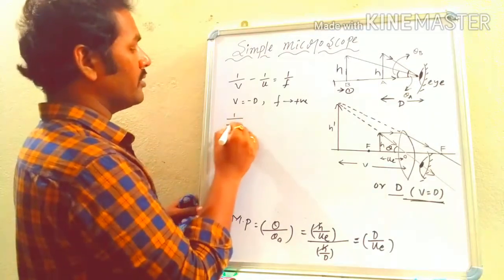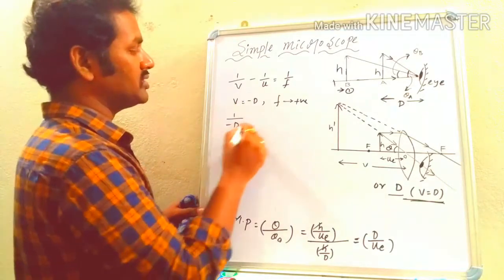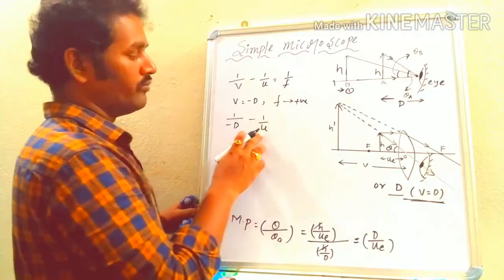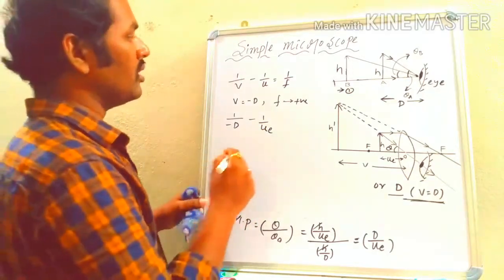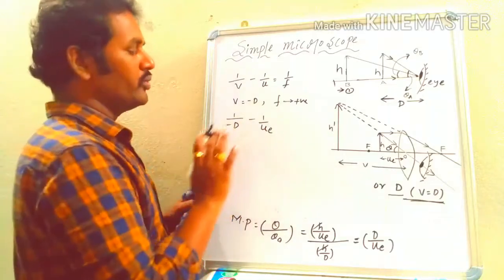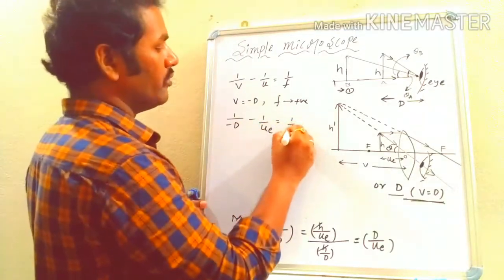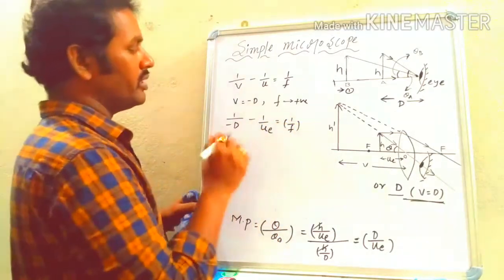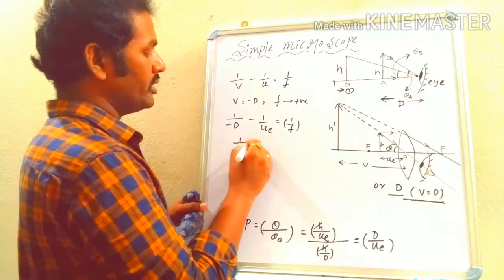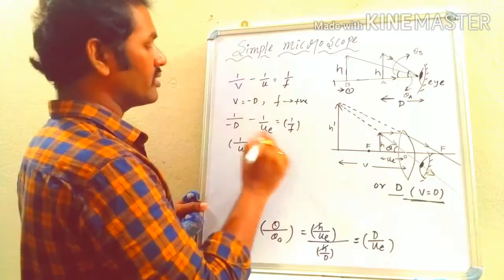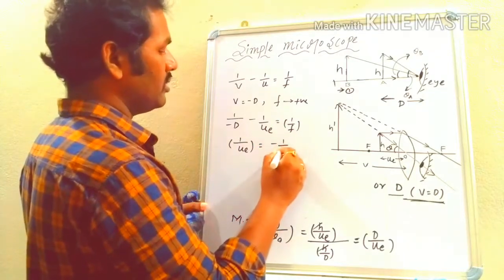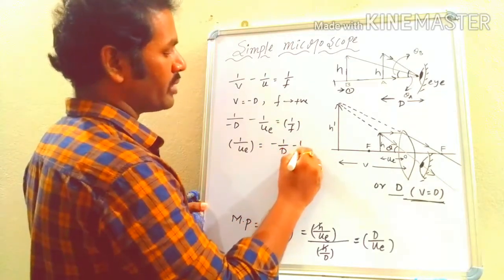So 1 by minus d, where v is minus d, minus 1 by u, which is the unknown value, which we name ue, is equal to 1 by f. From here you will get 1 by ue equal to 1 by minus d minus 1 by f.